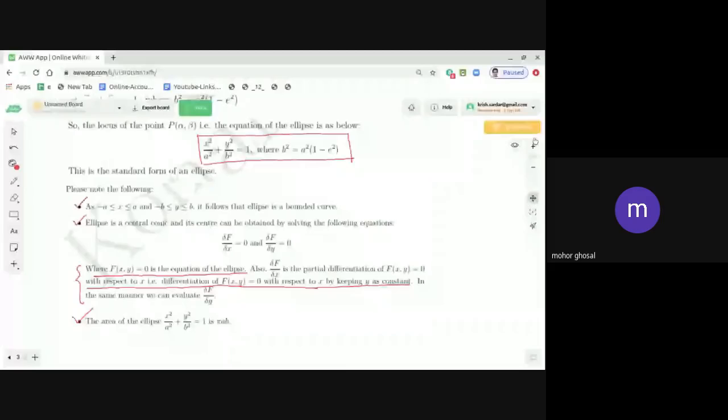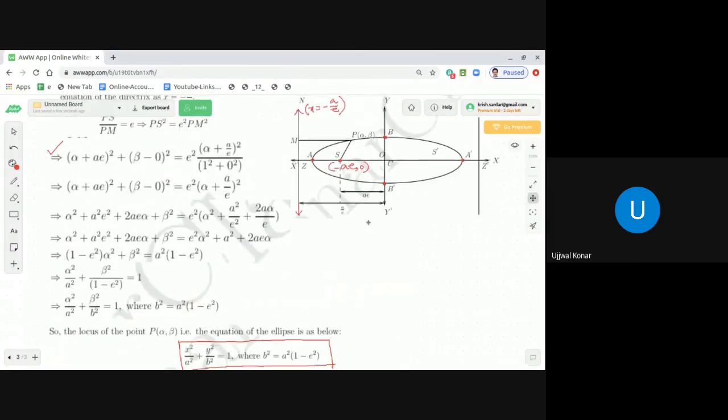Ellipse is a central conic. Central conic, in the sense, first of all, thank you very much for asking the question. Central conic means it is a conic which has a center point.